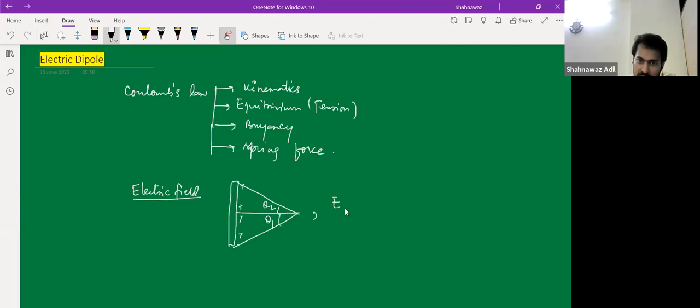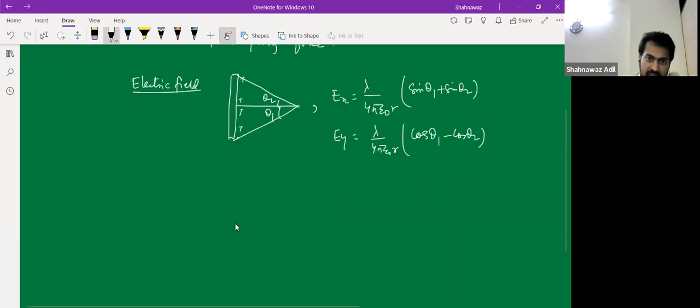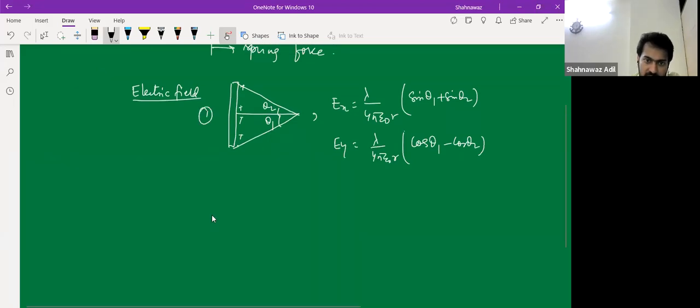So Ex was lambda by 4 pi epsilon r times (sin theta 1 plus sin theta 2), and Ey was lambda by 4 pi epsilon r times (cos theta 1 minus cos theta 2).